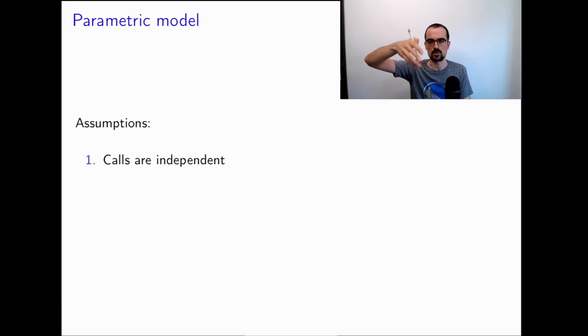Or if I receive a call on a particular day, then that day I'm more likely to receive more calls. People just go about their lives, they're calling the bank independently. This might be broken if suddenly there's a financial crisis and everyone starts calling the bank. Okay, we're going to assume that doesn't happen. People just call the bank independently.